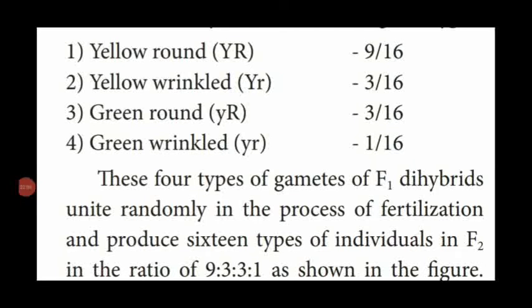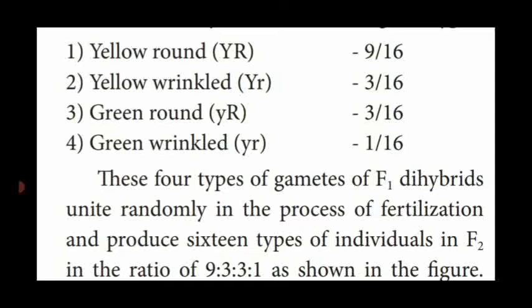Dear students, see the possible characters which are expressed in the F1 and F2 generation. In the F1 generation, capital R, small r, capital Y, small y are produced. So all the alleles are expressed in the F1 generation, but capital R and capital Y are the dominant characters, so the F1 generation is named round yellow. This F1 generation is again crossed, selfed, with capital R, small r, capital Y, small y.